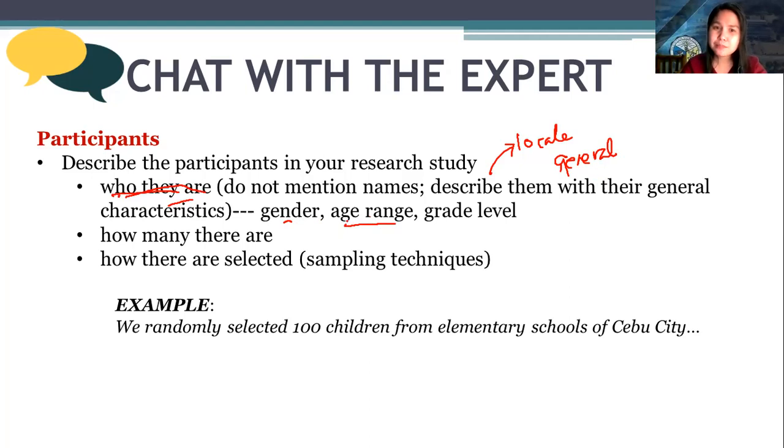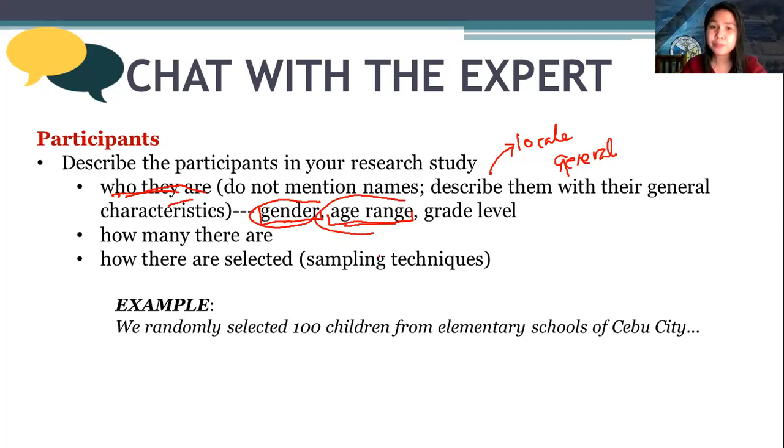You can just make an estimate for the age range and for the gender, but in your final paper, you need to specify the distribution of the gender and also of the age range.